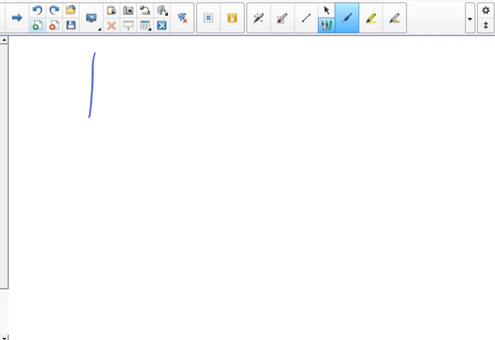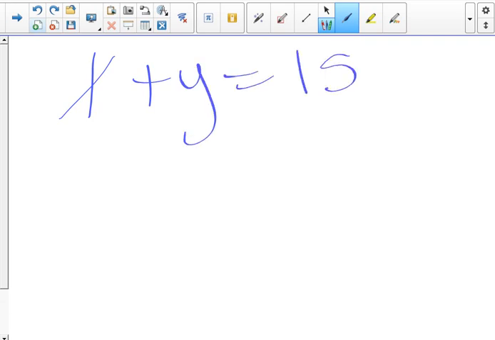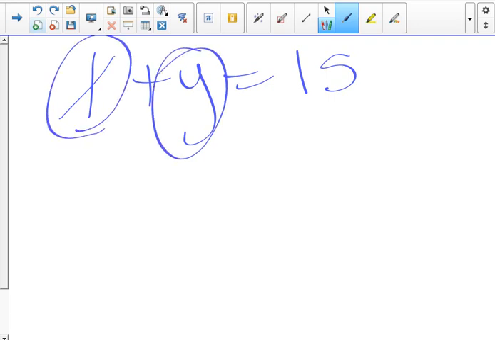Equation, it means it's going to have more than one letter in it. So if I have x plus y equal 15, I'm going to say this is a literal equation because I don't just have one variable, I have two variables. Anything more than one variable is a literal equation. We could say two or more variables, it's a literal equation.